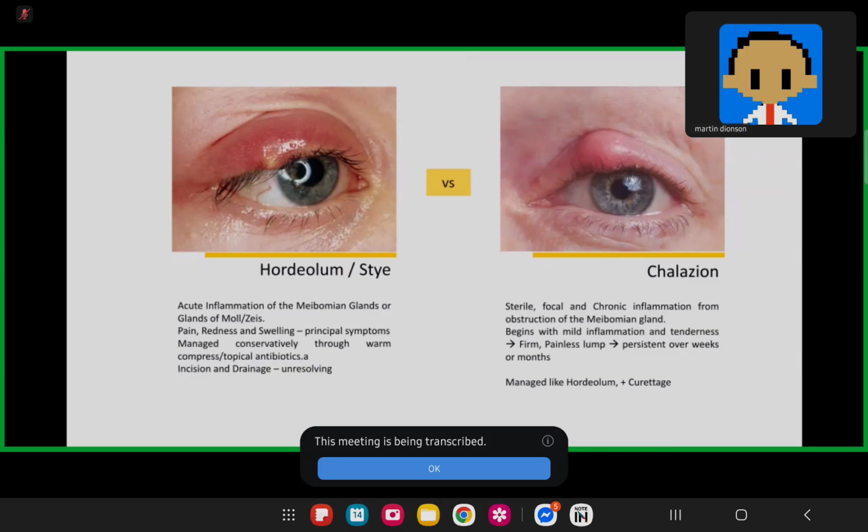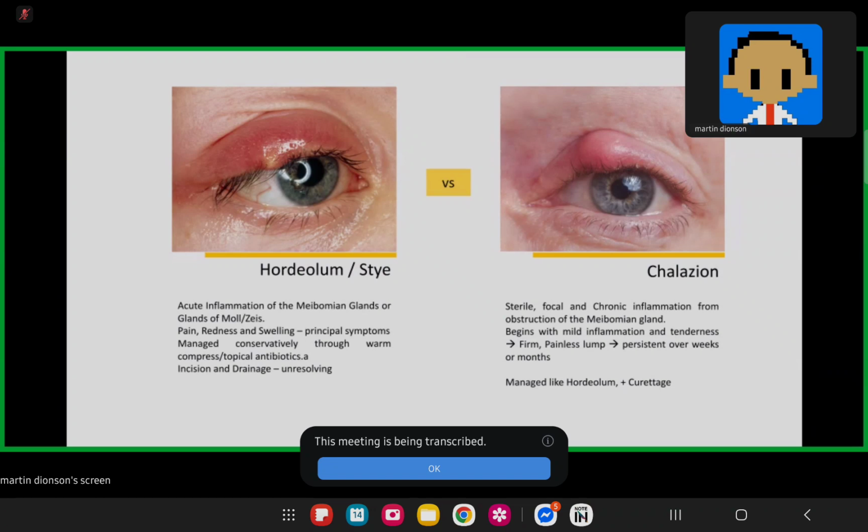Remember these structures. They present with pain, redness, and swelling, which are your principal symptoms, and they can just be managed conservatively, through warm compress or giving topical antibiotics. For patients whose sty is unresolving with management, surgery is done using incision and drainage.